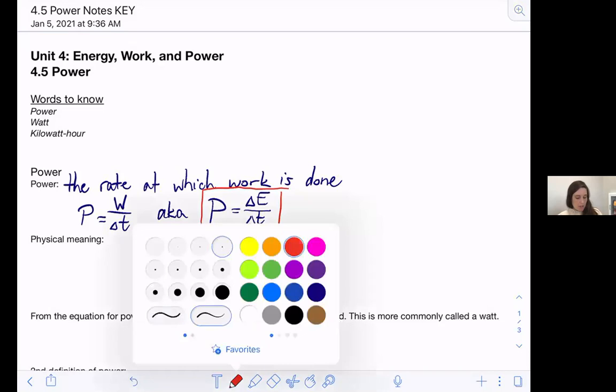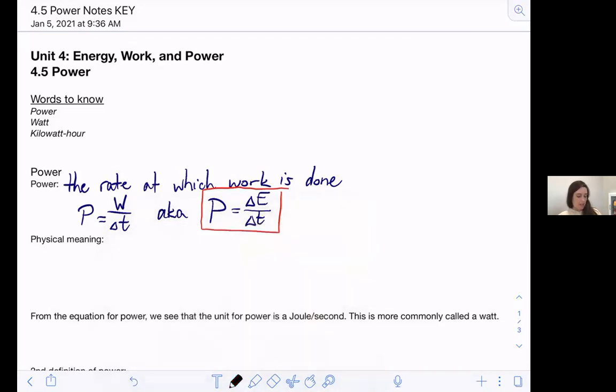Okay. But let's really talk about what this physically means. What does it mean for something to be more powerful than something else? Why don't we pretend we're just lifting something up? If we have some kind of object, and let's say that object has an F_G, so it has a weight of 1 Newton, we could lift that object up so that it is now perhaps 1 meter above where it starts.